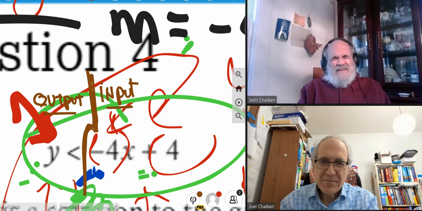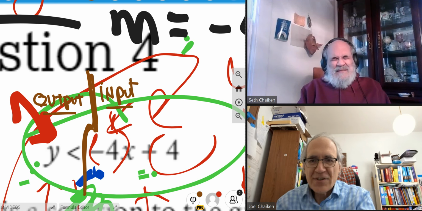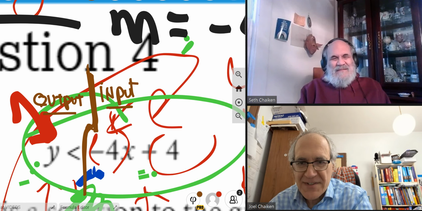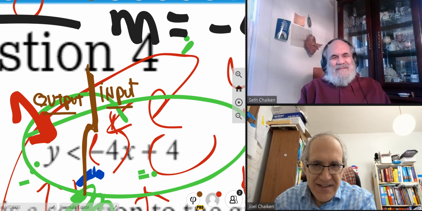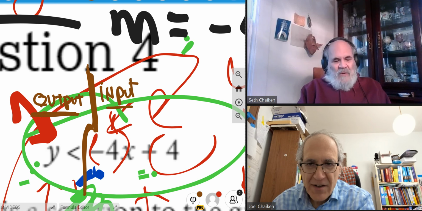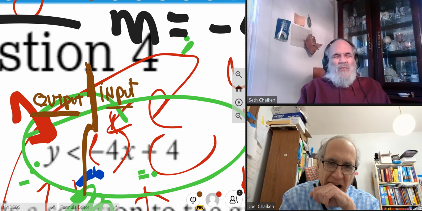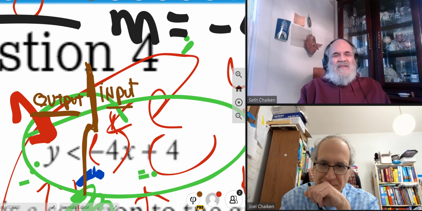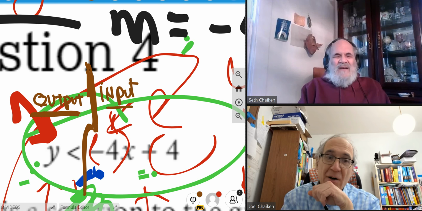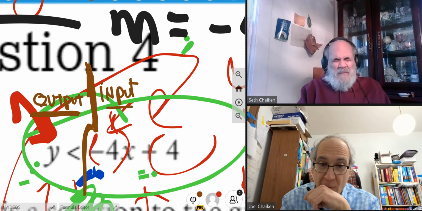So is this sort of what your logic was? Because the Y was on the left as written down, you wanted to do the Y on your table so you could compare things pretty easily visually. Yes, I wanted the left-hand side of the table to correspond to the left-hand side of the inequality, and the right-hand side to be the right-hand side of the inequality.